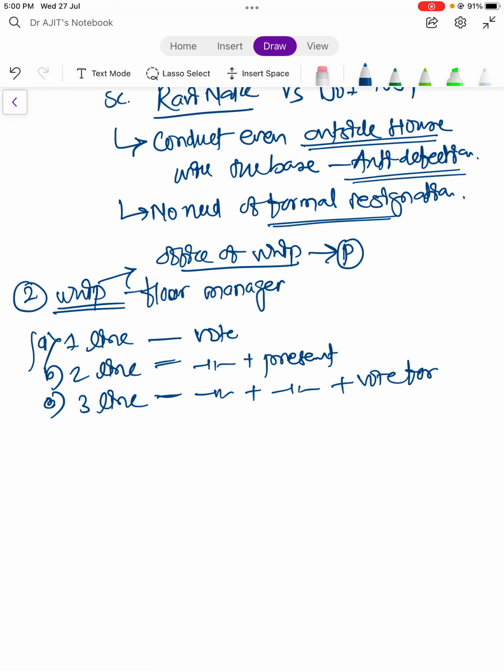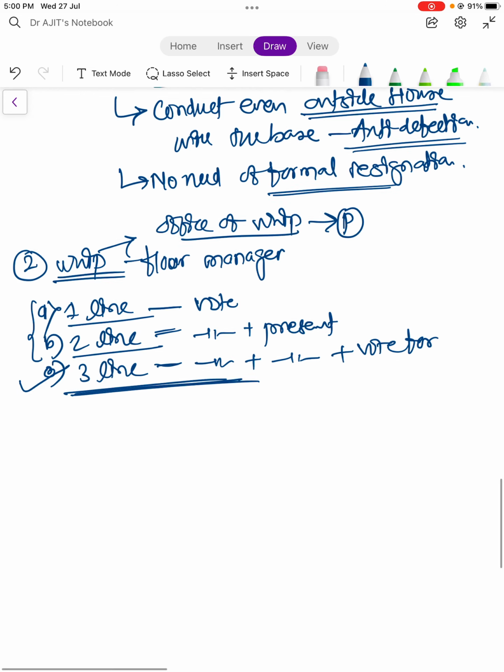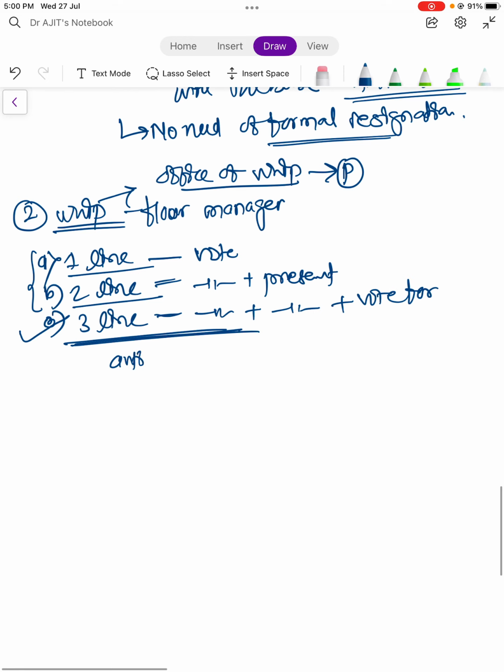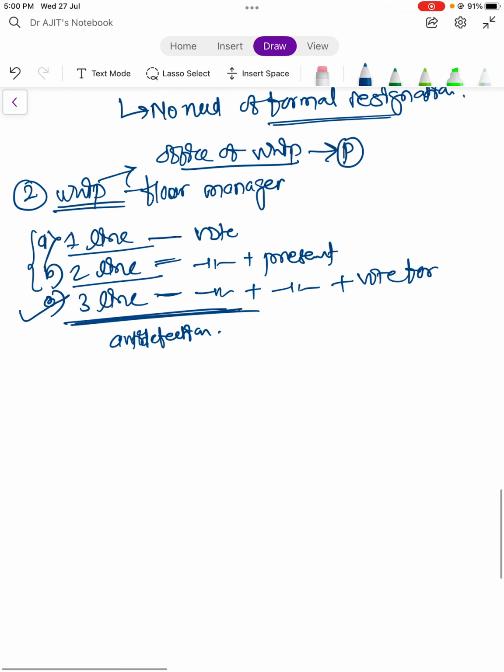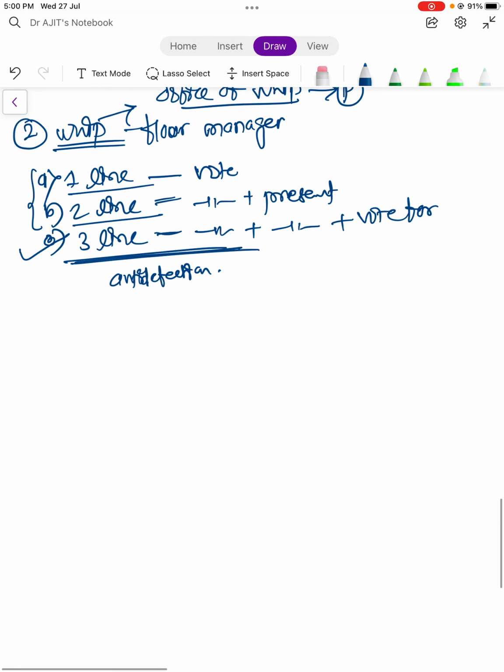So if someone violates a one line or two line whip, he will not be disqualified or charged under anti-defection. But if someone violates a three line whip, then it can become a case of anti-defection, right? So this is with respect to whip.